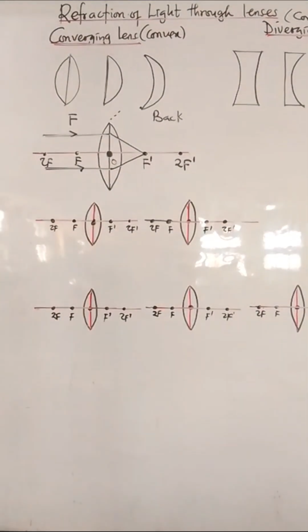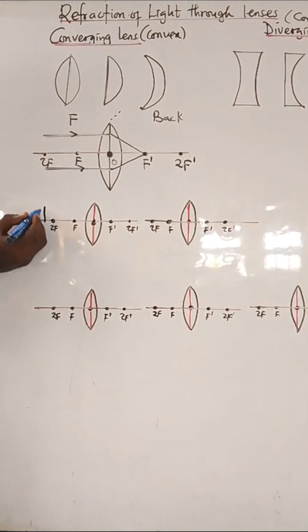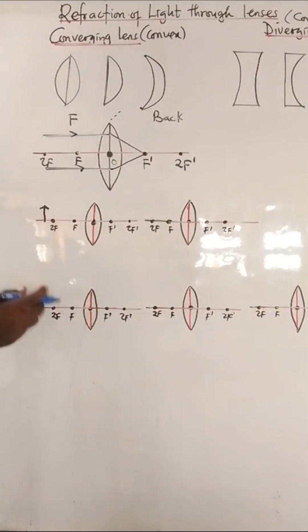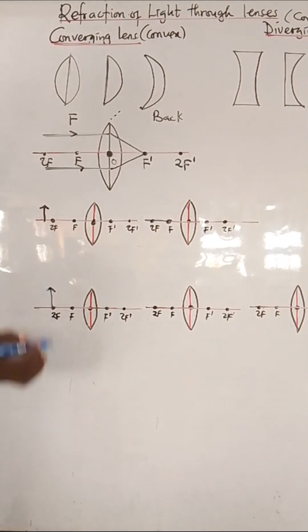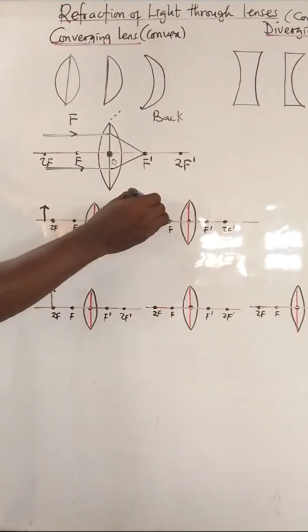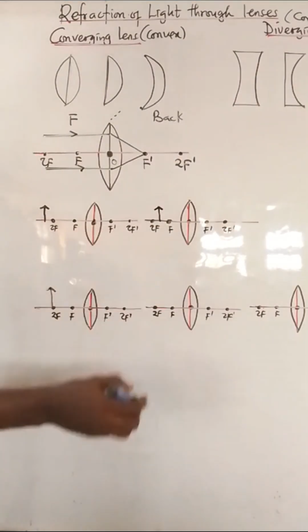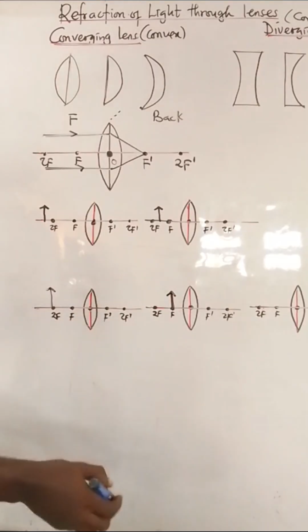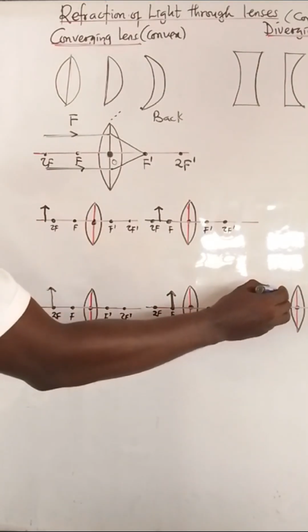Alright, first, if the object is placed here, what will be the characteristics of the image? If it is placed here on 2F, what will be the characteristics? If it's placed between 2F and F? On F? And between F and the optical center?